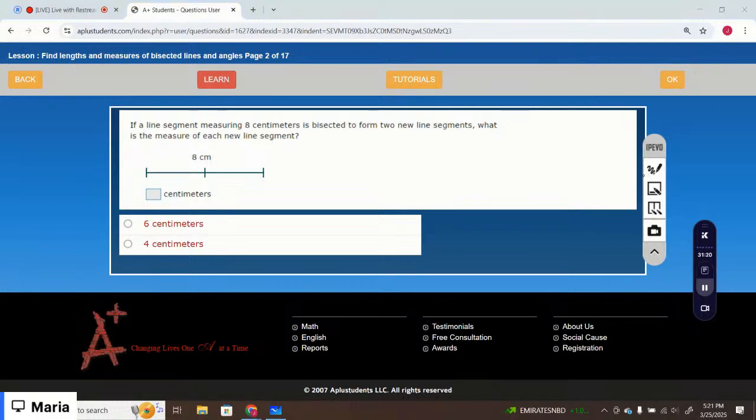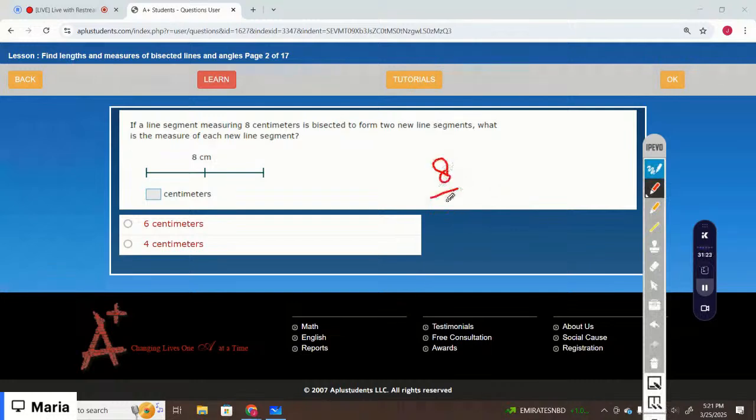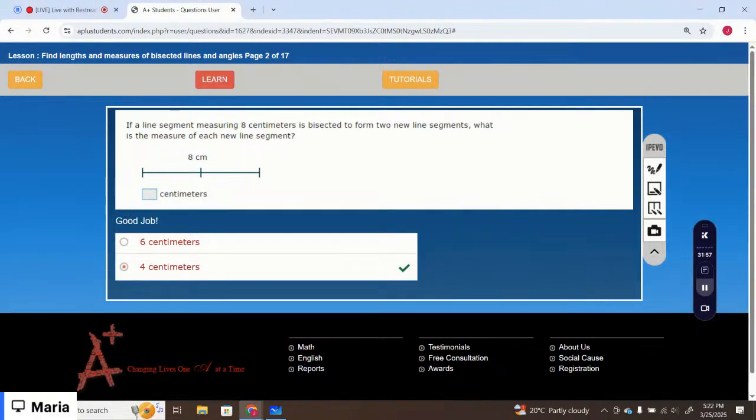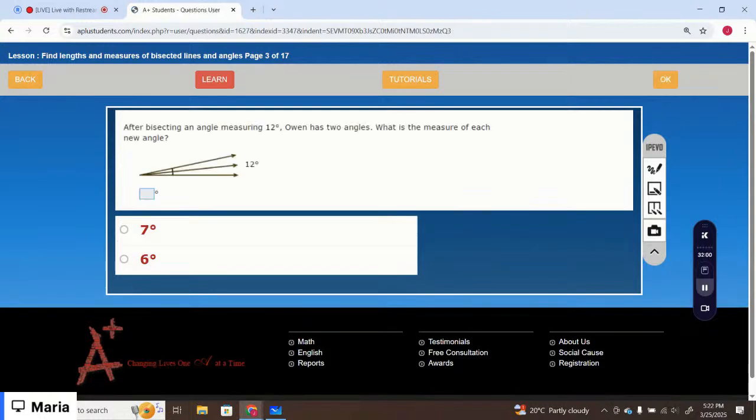Eight. 8 divided by 2 equals 4 centimeters. So each new line segment has the measurement 4 centimeters. Option number 2 is the correct option.